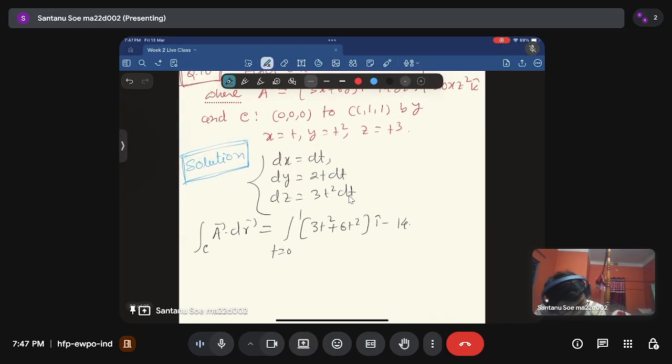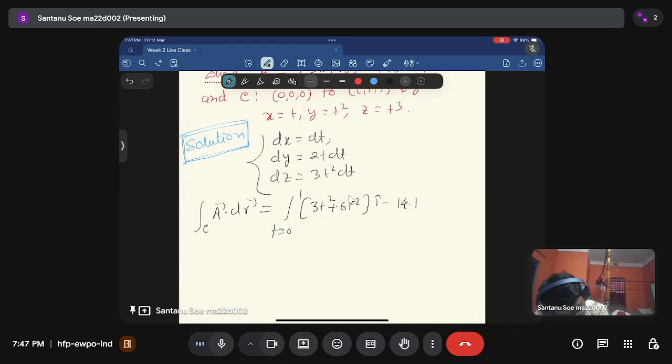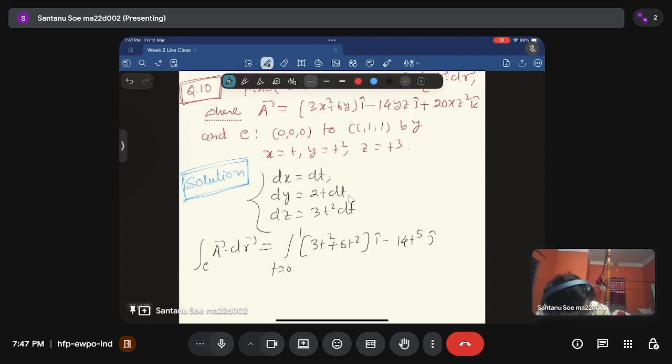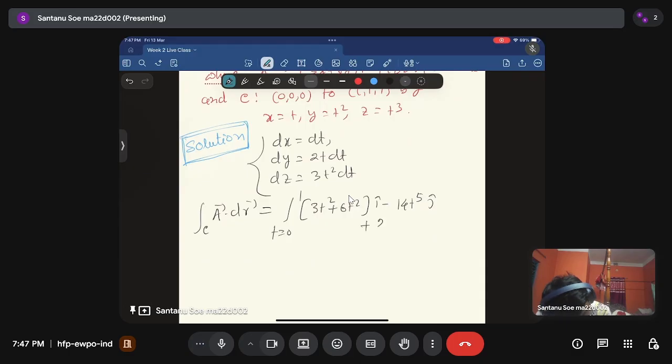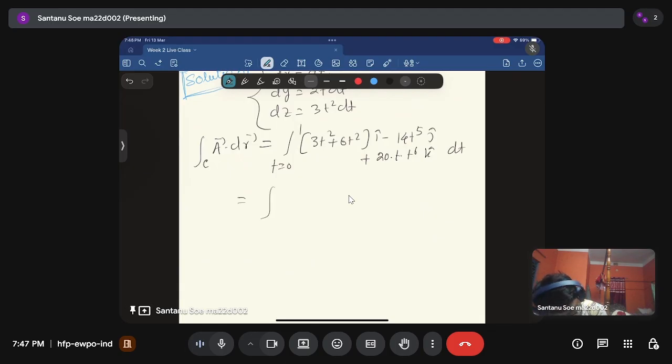So y is t square, z is t cube, so this will be t to the power 5, j cap, plus 20 x is t, z is t to the power 6, and this is k cap, and there will be another dt. Okay, so this t will be from 0 to 1.